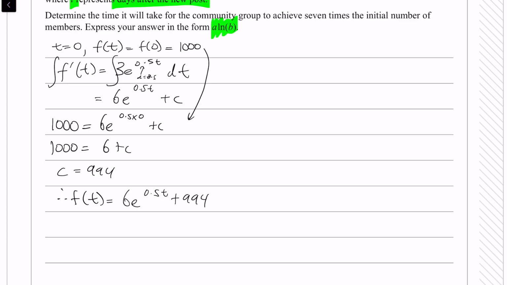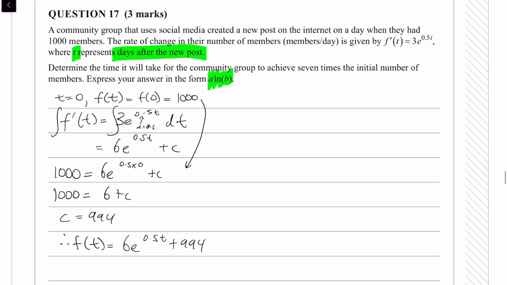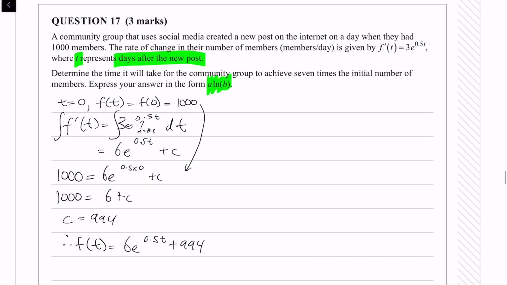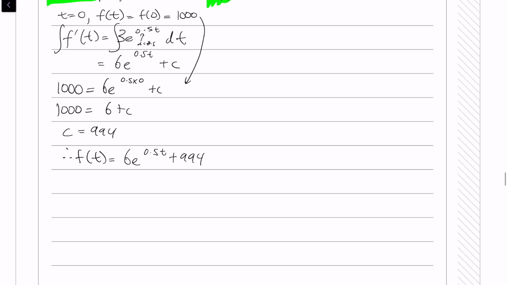And now what I need to do is figure out the time it will take for the community group to achieve 7 times the initial number of members. So 7 times the initial number, which was 1,000, is just 7,000. Okay, so I can say that there. So 7 times 1,000 equals 7,000.